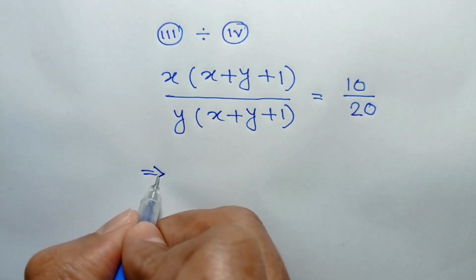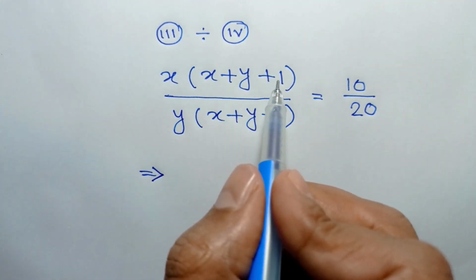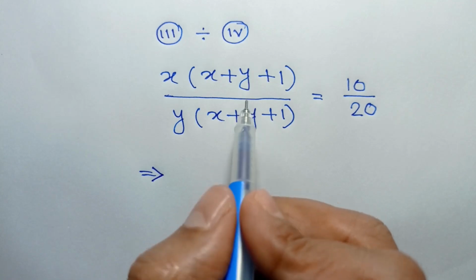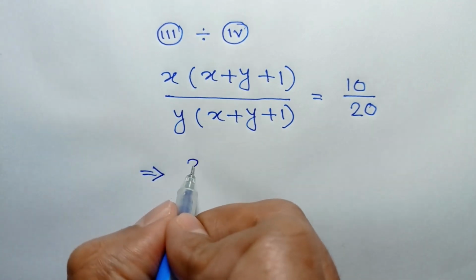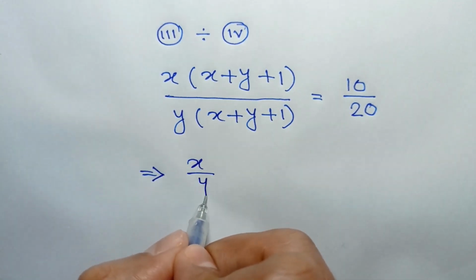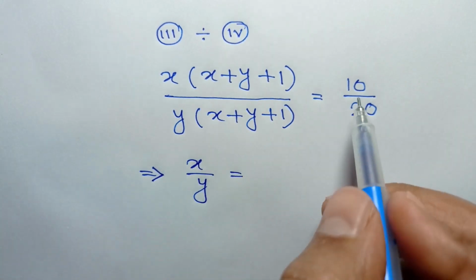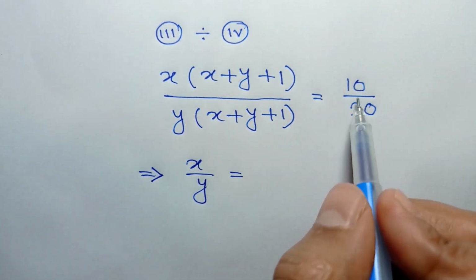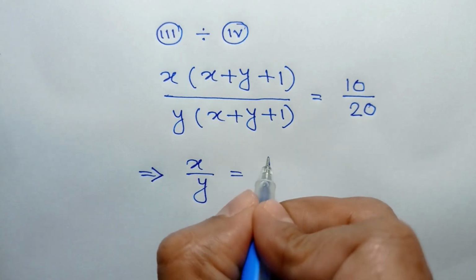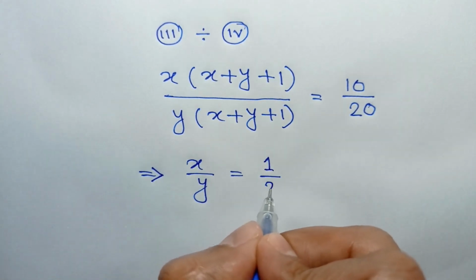This x plus y plus 1 will cancel out, so it will remain x over y is equal to, simplifying 10 over 20, 1 over 2.